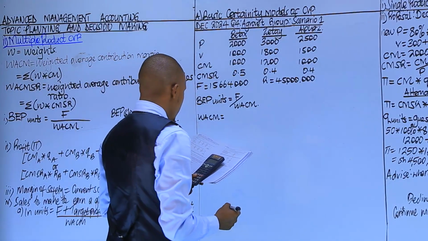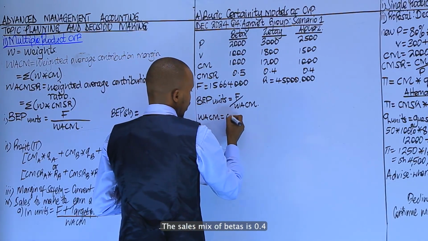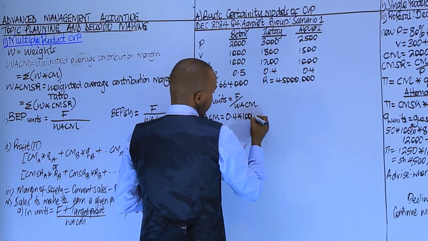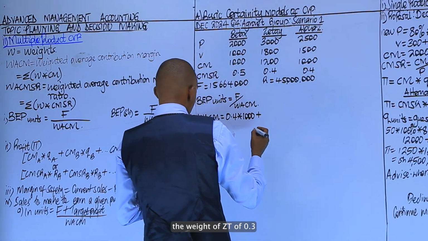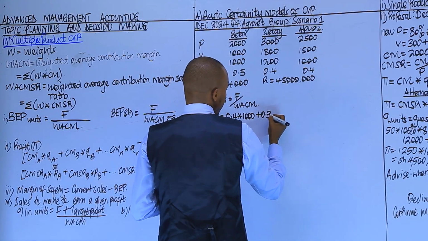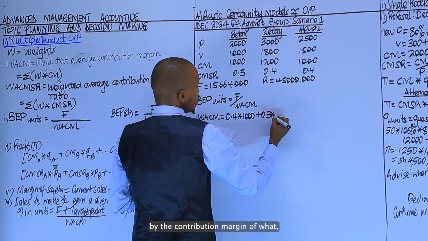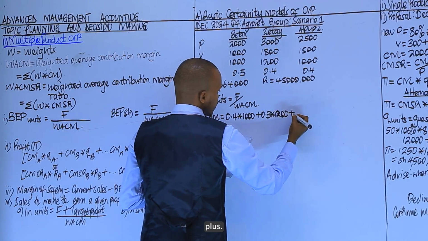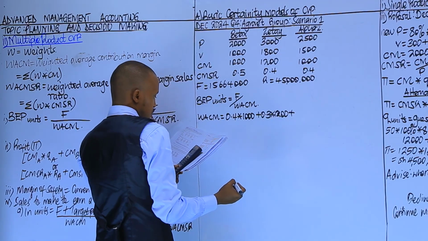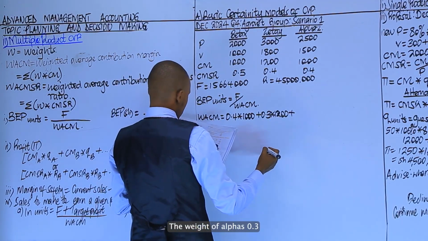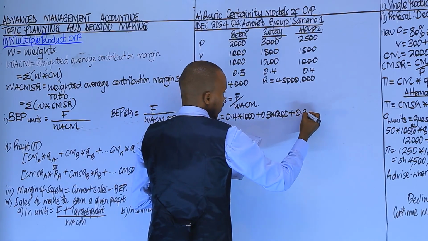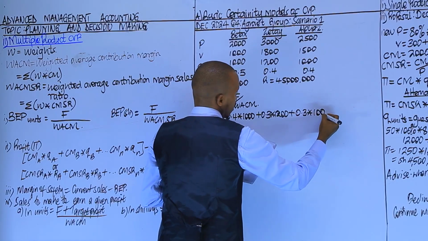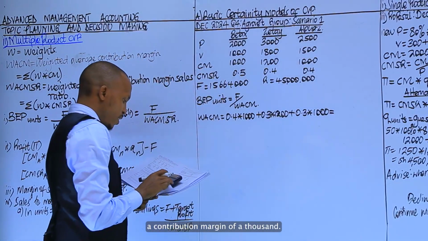The sales mix of Betax is 0.4 by the contribution margin of 1,000, the weight of Zite of 0.3 by the contribution margin of 1,200, plus the weight of Alphas 0.3 by the contribution margin of 1,000.